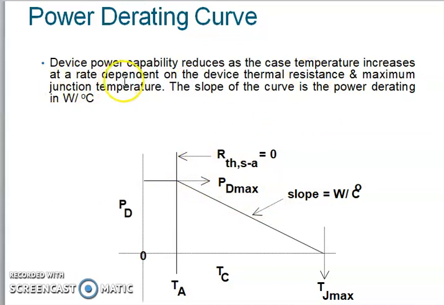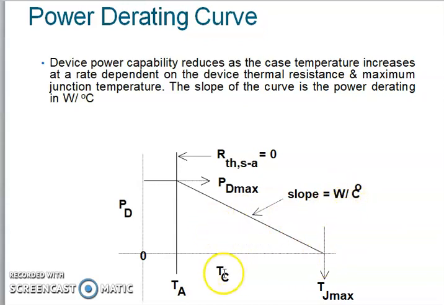The rate will depend on the device thermal resistance, as we'll see later, and also on the maximum junction temperature allowed for that device. So the slope will show the curve of the derating power in terms of watt per degree C. For how many degrees C increased, that's the amount of watts you have to reduce.